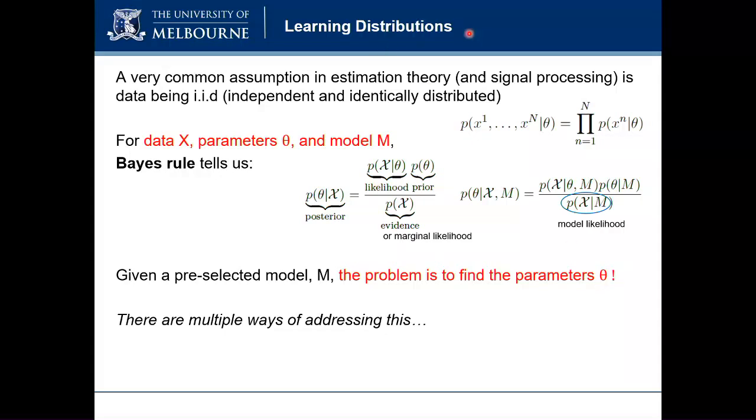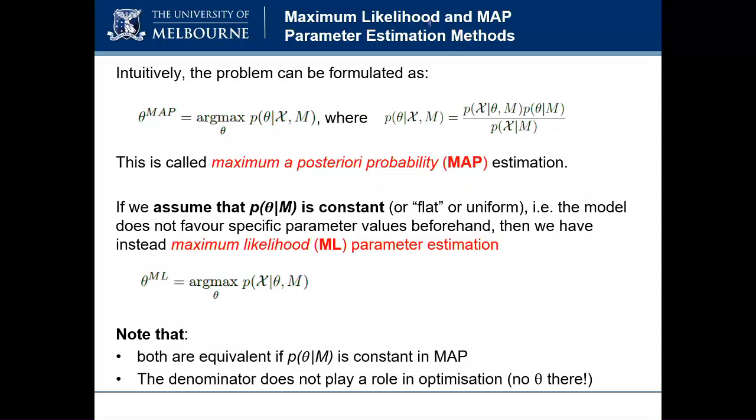From the probabilistic view, there is maximum likelihood or maximum a posteriori probability estimation. A posteriori, that's Latin, after the fact. The estimation is simply that I maximize with respect to theta the probability of theta given the data set and the model.